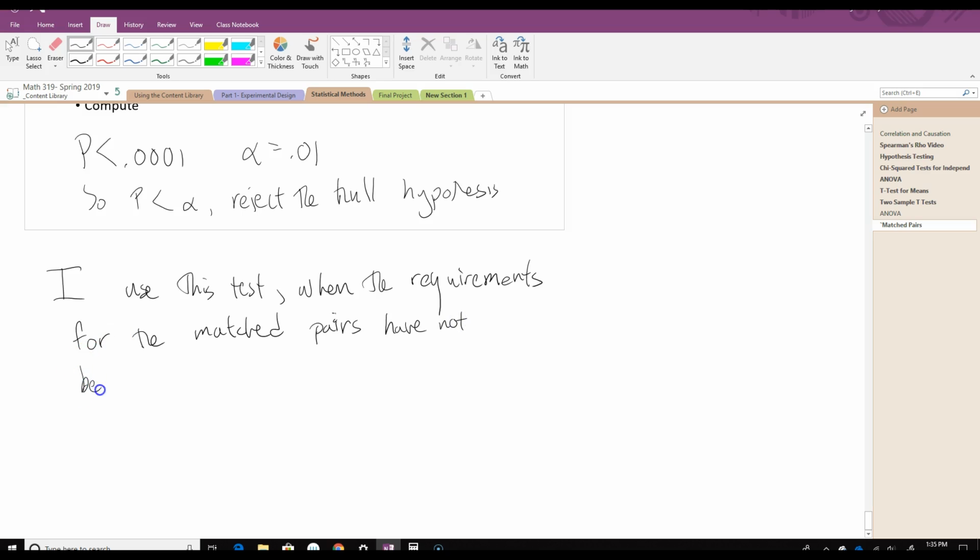That's what I do whenever I use any kind of non-parametric test. It's called a non-parametric test because it does not assume a particular distribution. And that concludes this mini lesson.